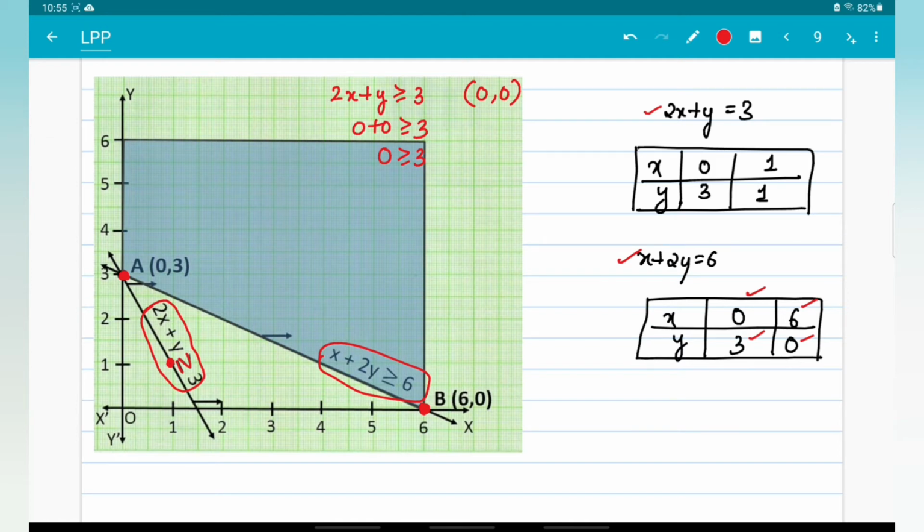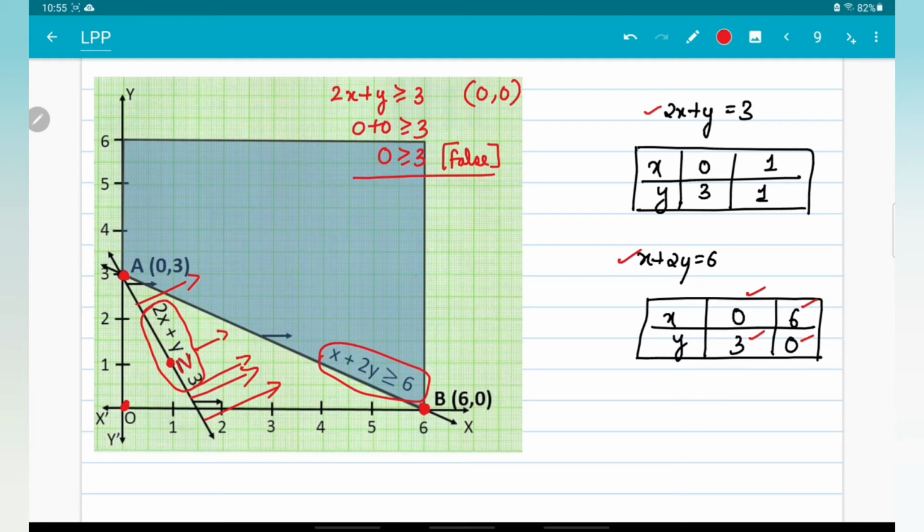So none of the cases is true, so this becomes false. Since it is false, I'm going to shade this region away from that point 0 comma 0, since that inequality has come false.